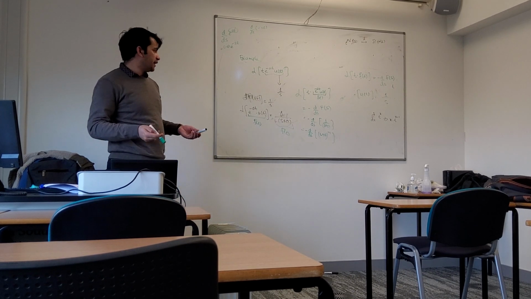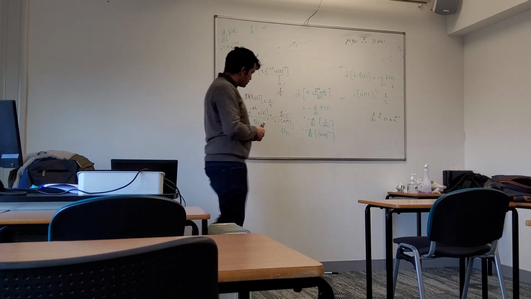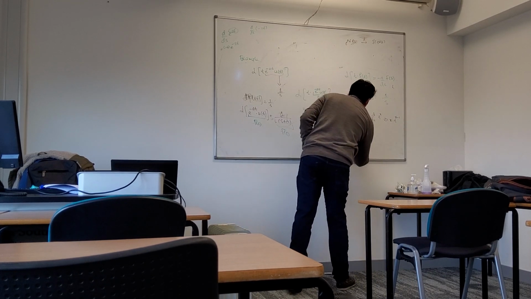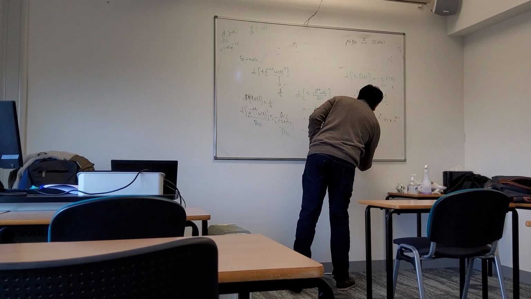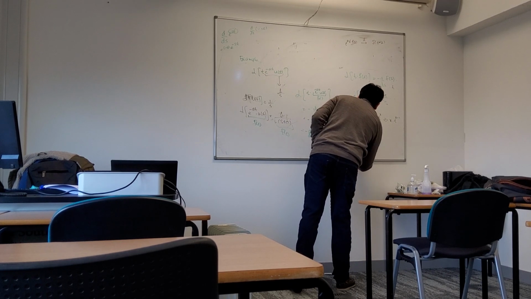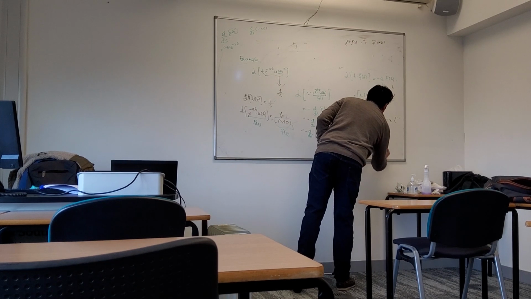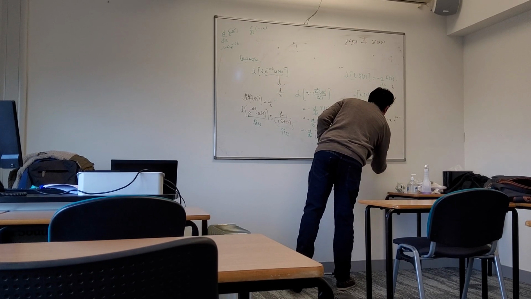It would be 1 divided by s plus a whole square, right? Because here minus would come on the back, it would become plus, and it would be s plus a power minus 2, which would be 1 divided by s plus a square.